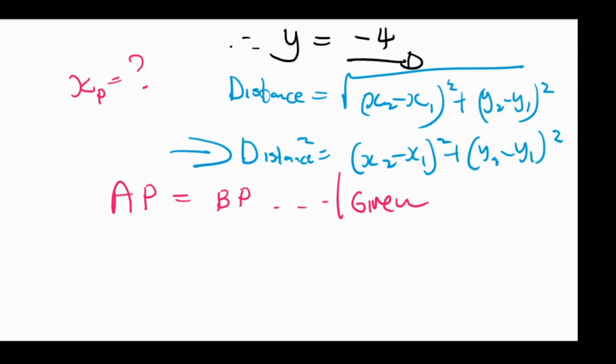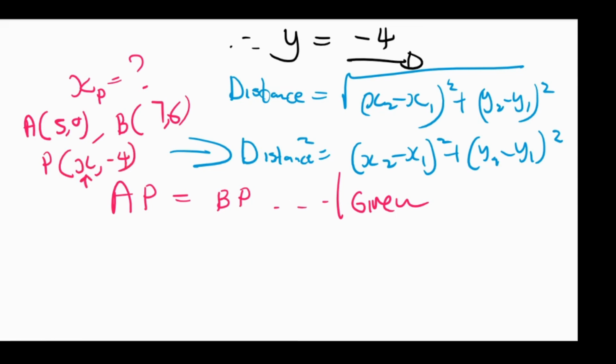So this means now that our value of A, we know it as 5 and 0. Our value of B, we know it as 7 and 6. Our value of P, we now know the y value, which is -4. So we just want this x value. So we're going to write this AP in terms of distance form.